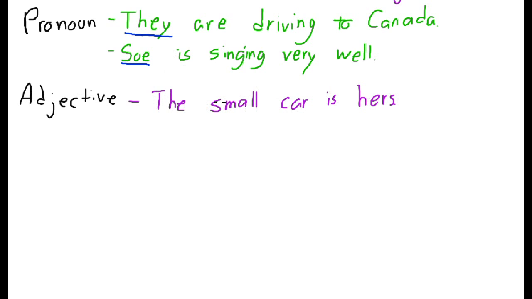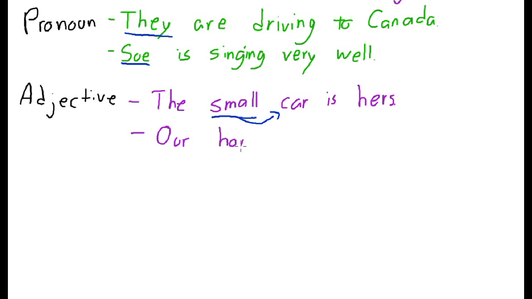Well, what is the adjective in the sentence? The small car is hers. Well, the adjective is small, correct? Because small is describing the car. Adjectives describe nouns. So small is describing the noun, the car. Alright, let me give you another example here.